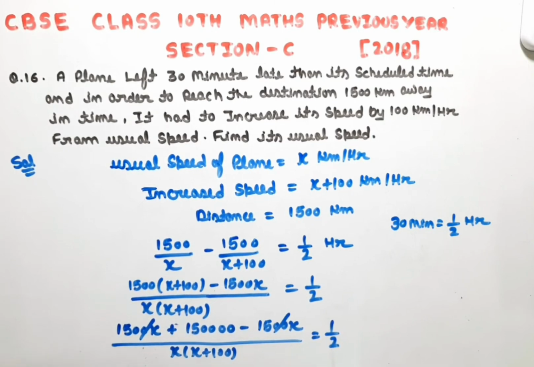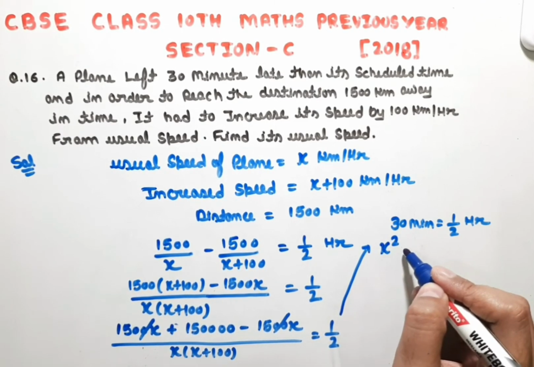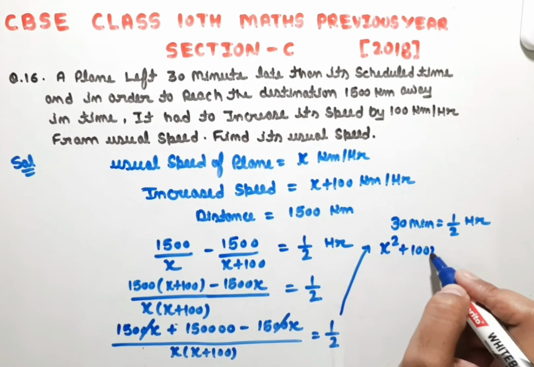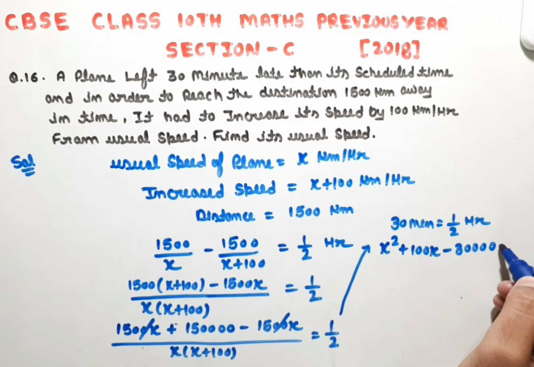So from here on cross multiplying we will get a quadratic equation x square plus 100x minus 3 lakh equals to 0.